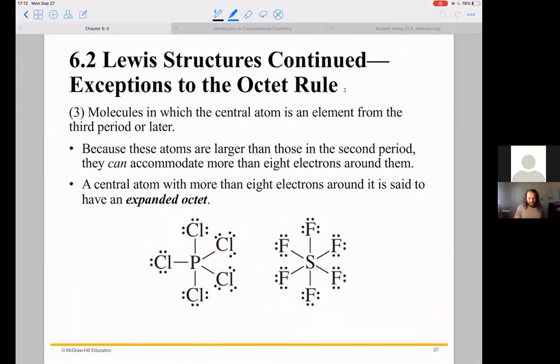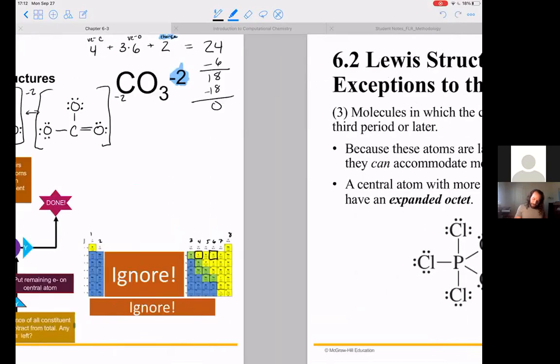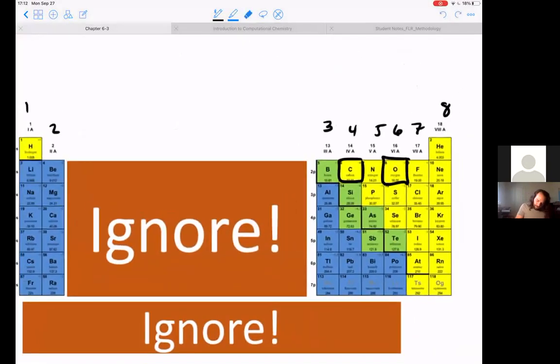One other thing that I'm going to mention, because you'll see it, although we're not going to deal too much with these structures that have these expanded octets, is if you look at a periodic table, everything in the first two rows, specifically, actually, I guess these abide by the octet rule strictly, right?